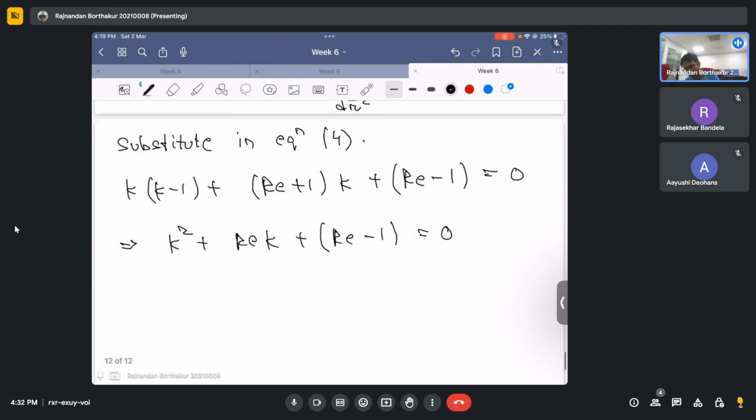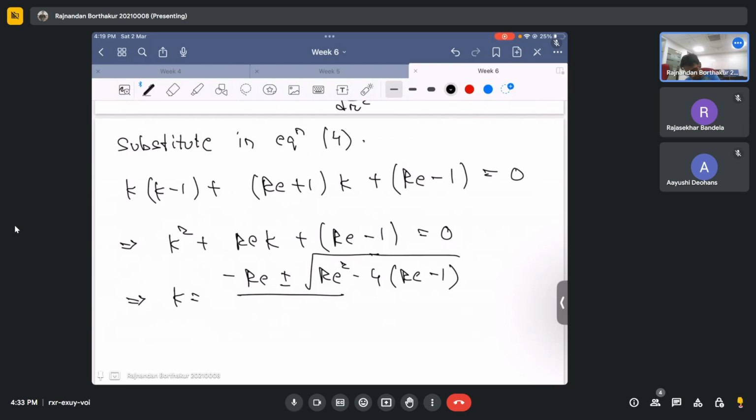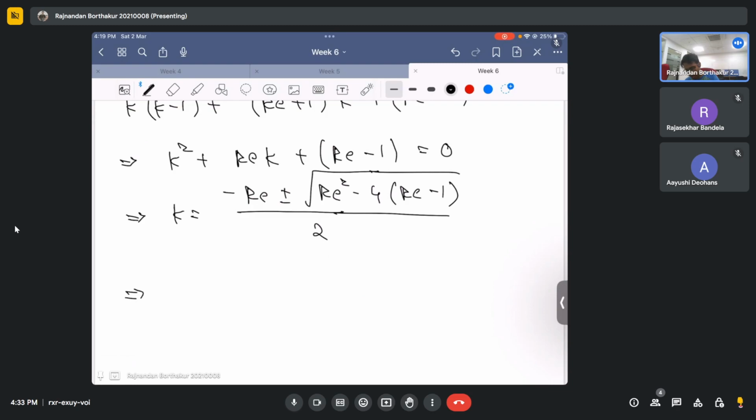This is just the simplification that we did. So k would be minus b plus or minus the square root of b square minus 4ac, which is b square minus 4 into Re minus 1, divided by 2.